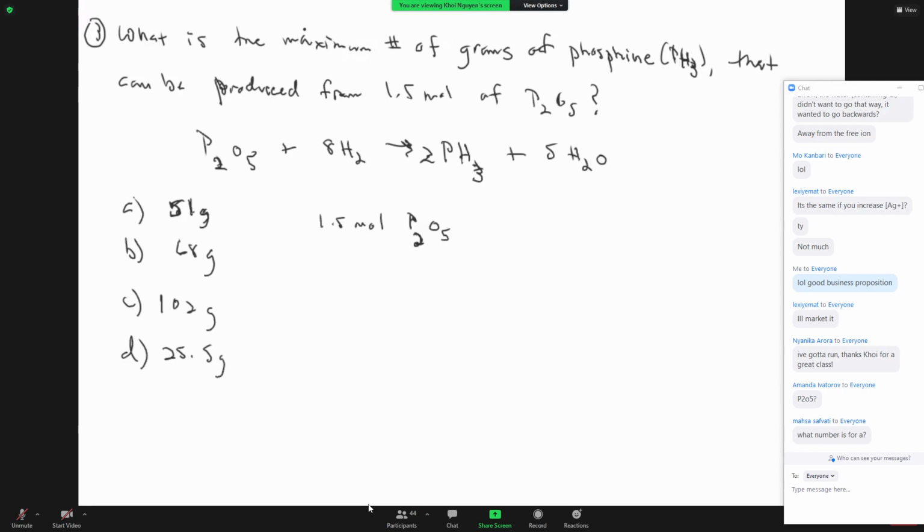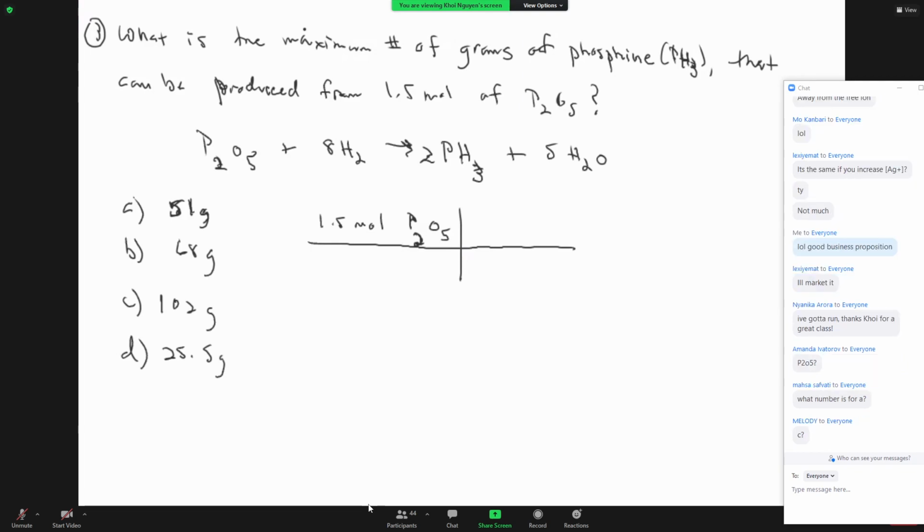It should be under there. 25.5 grams of phosphine is what we're looking for, PH3.